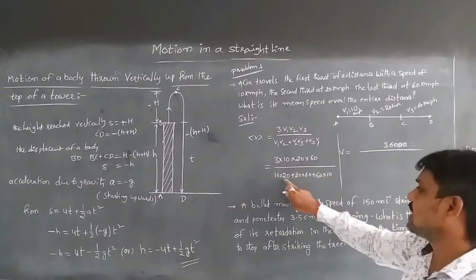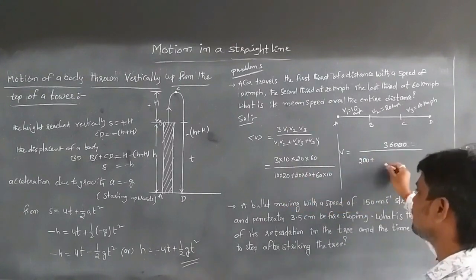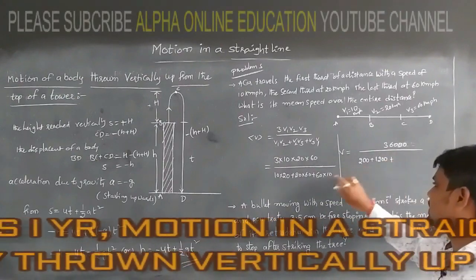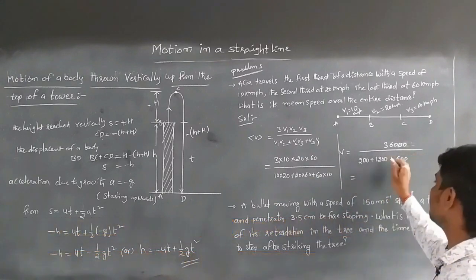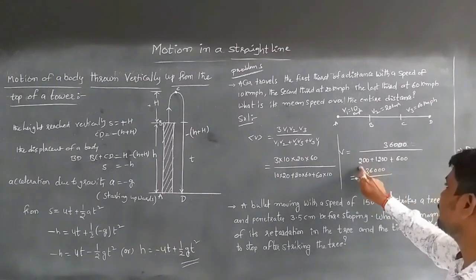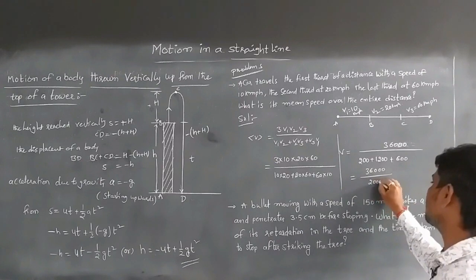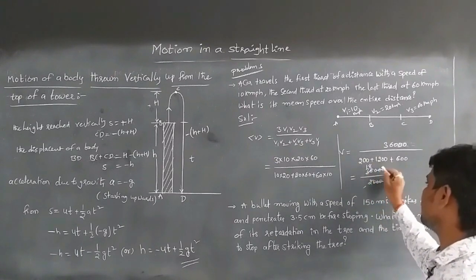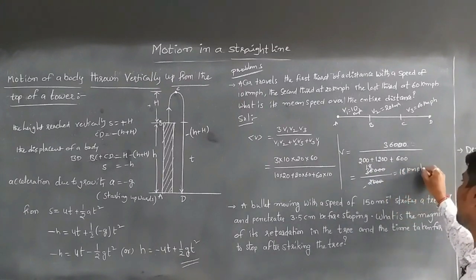Then 10 into 20 is 200, plus 20 into 60 is 1200, plus 60 into 10 is 600. From this relation, 200 plus 1200 is 1400, plus 600 is 2000. So 36,000 by 2000. Here the 3 gets cancelled, 2 ones are 2, 2 18s are 36, so it is 18 kilometer per hour average speed.